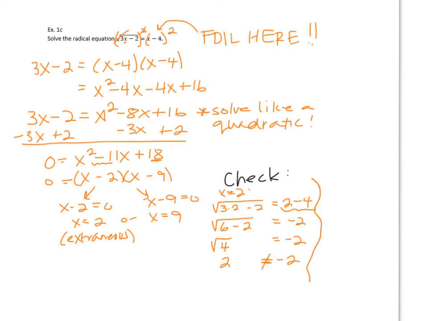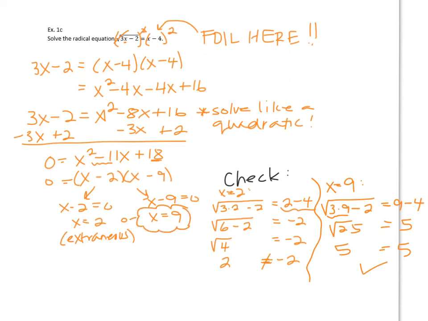Plug it in on the left-hand side and the right-hand side. 3 times 9 minus 2, and on the right-hand side, 9 minus 4. 3 times 9 is 27. 27 minus 2 is 25. And the square root of 25 is 5. On the right, we have a match. 9 minus 4 is 5 as well. 9 works, therefore 9 is the only valid solution.